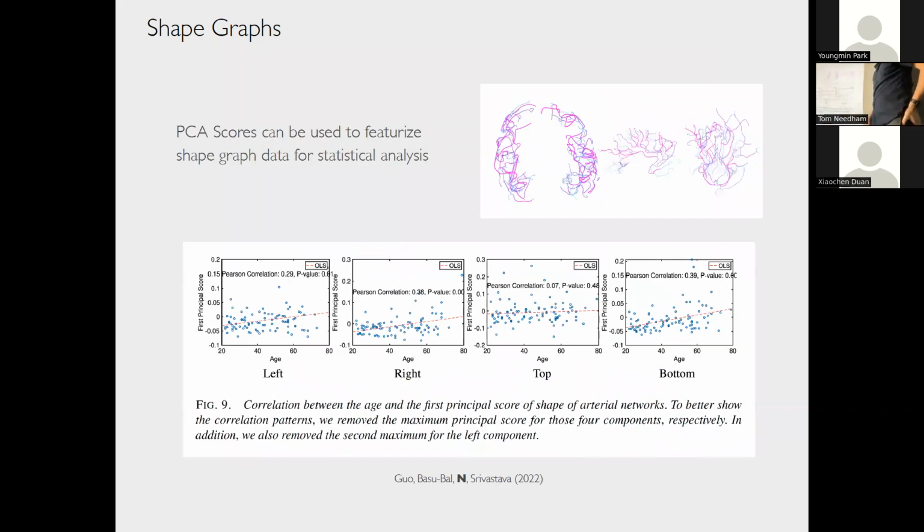And then one more example in the shape graph setting is you can use this to do statistics. Once you've done this trick where you're lifting to the tangent space, then you're just in a vector space, so do whatever statistics you want. Here we had a data set of brain artery networks. Here are the means of certain parts of the brain.